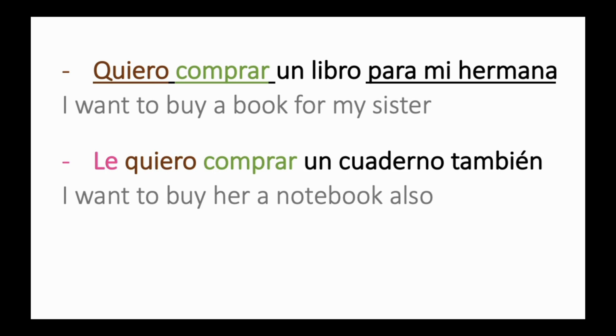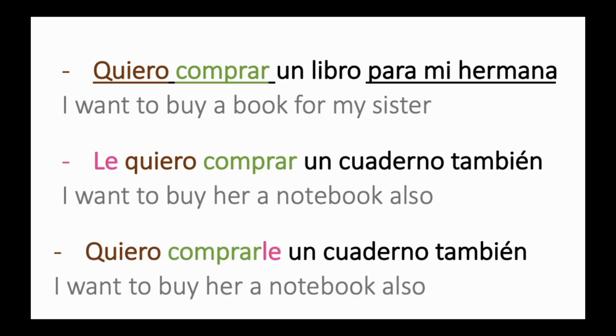Now, I said that when you have this situation, you have an option. You could have said, quiero comprarle un cuaderno también. In other words, your second option is to put it after the second verb and attach it. So this looks more like English because we would say, I want to buy her a notebook too.